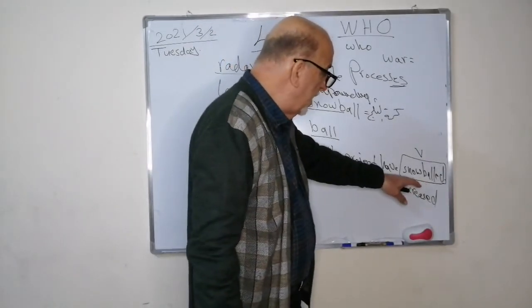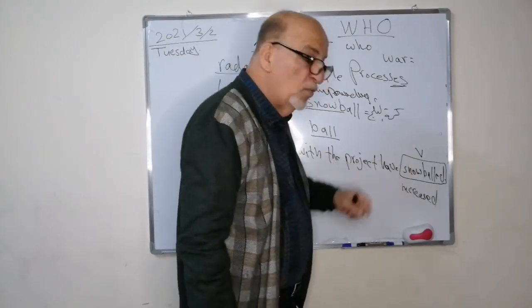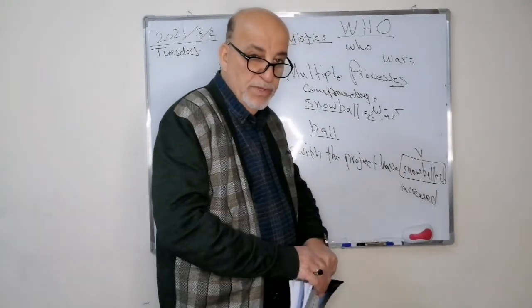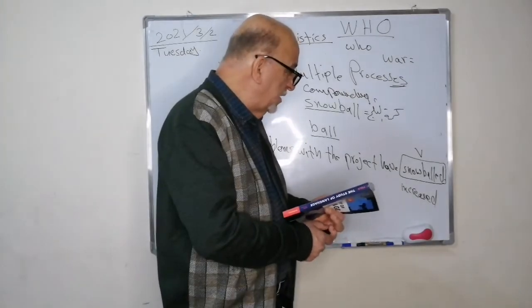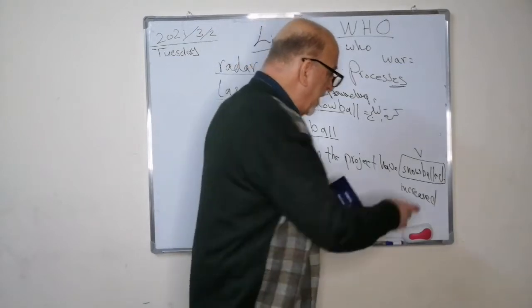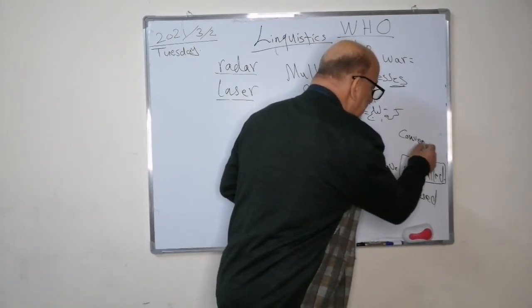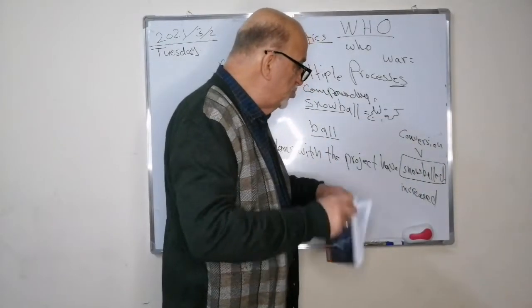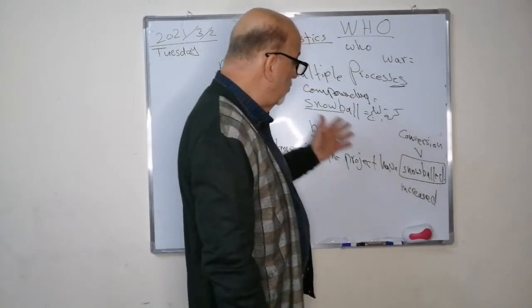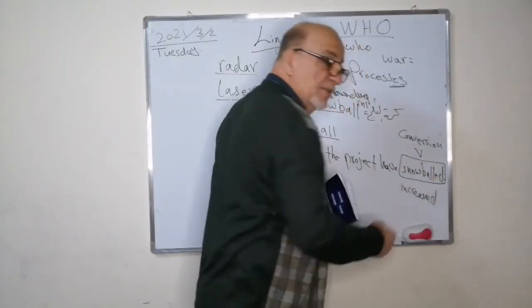So now, first of all, we have the compounding process, and then what do we have here? We have what we call conversion, C-O-N-V-E-R-S-I-O-N. What is conversion? Now we have changed the word class of snowball, which is a noun, into a verb.